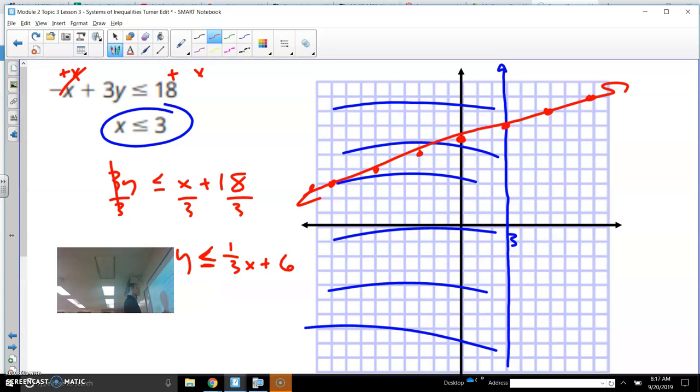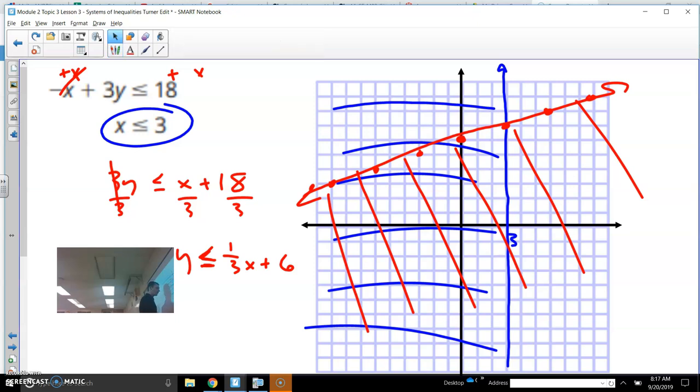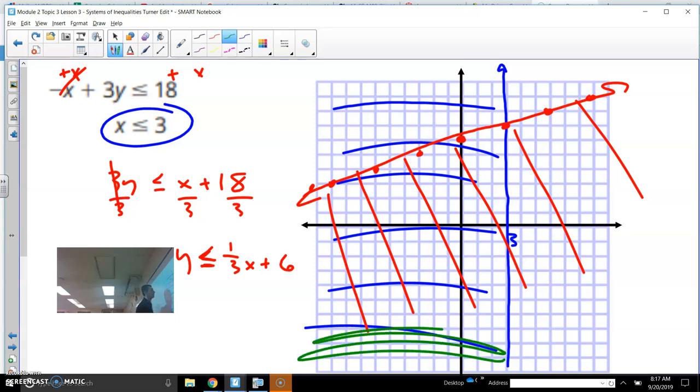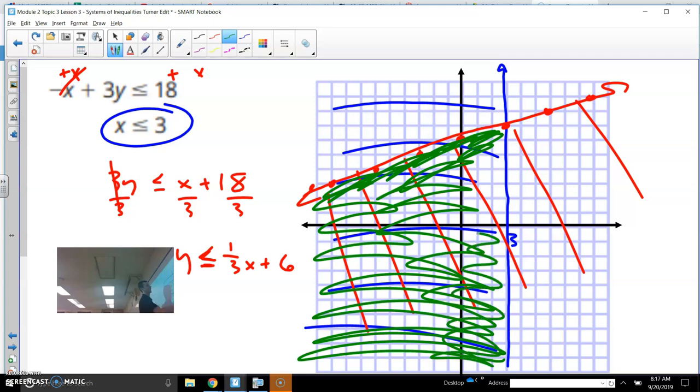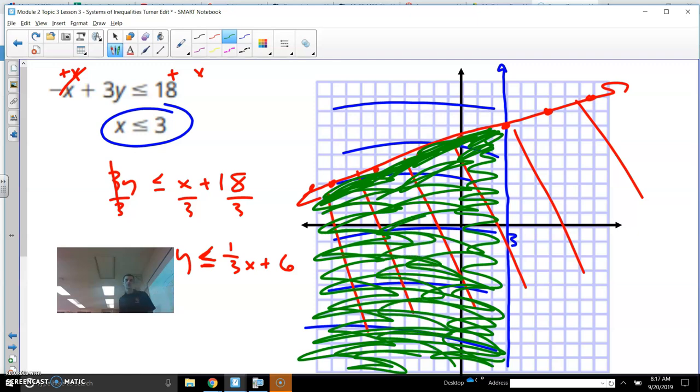And so if I shade below the line, that would look like this. Once again, we're looking for the overlapping area that has shading for both lines, and that looks like this area right here. It's left of my vertical line, but it's below my red line. So any points in this space are considered solutions.